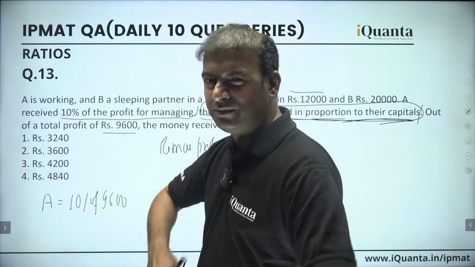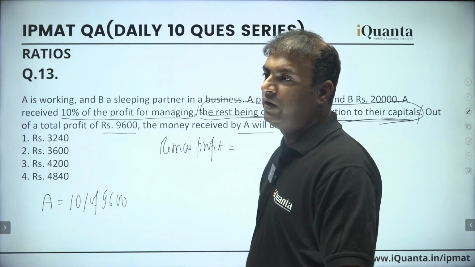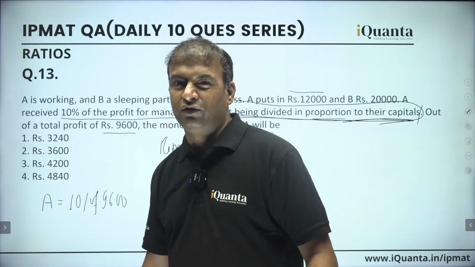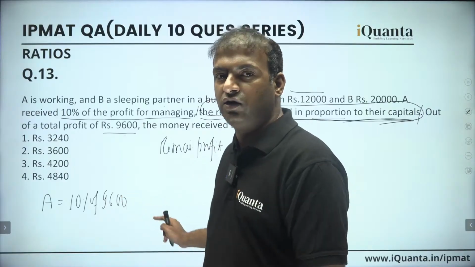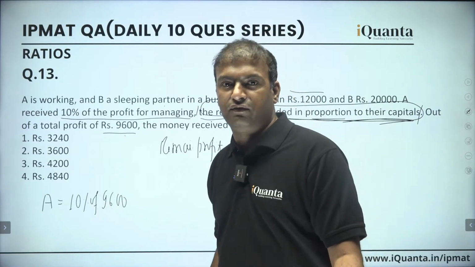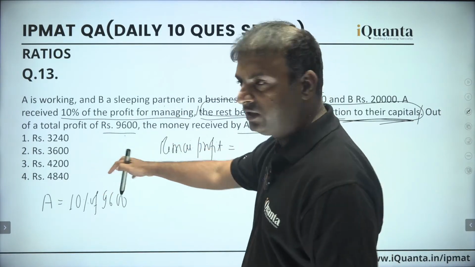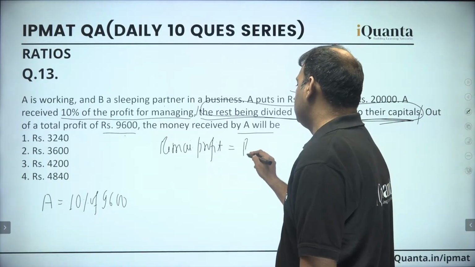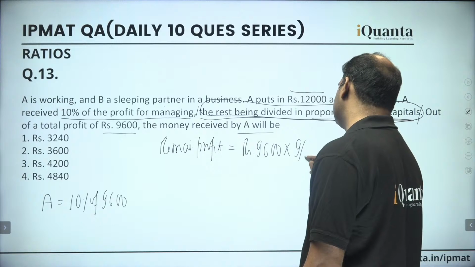It's not very difficult, a moderate kind of calculation, but I'll suggest whenever you're not comfortable doing it, whenever you're thinking that you're wasting some time, do not do the calculation right now, because this is not the final answer, right? Just write the answer in the fraction form or some other form. So here we can say that if 10% is gone, the remaining profit is 90%, which you can also say as 9 by 10. Simple as that, right guys?